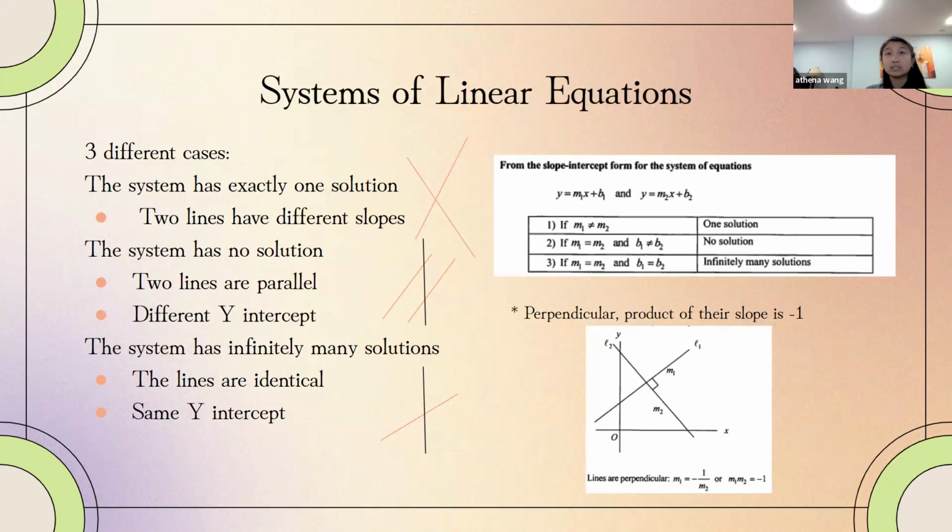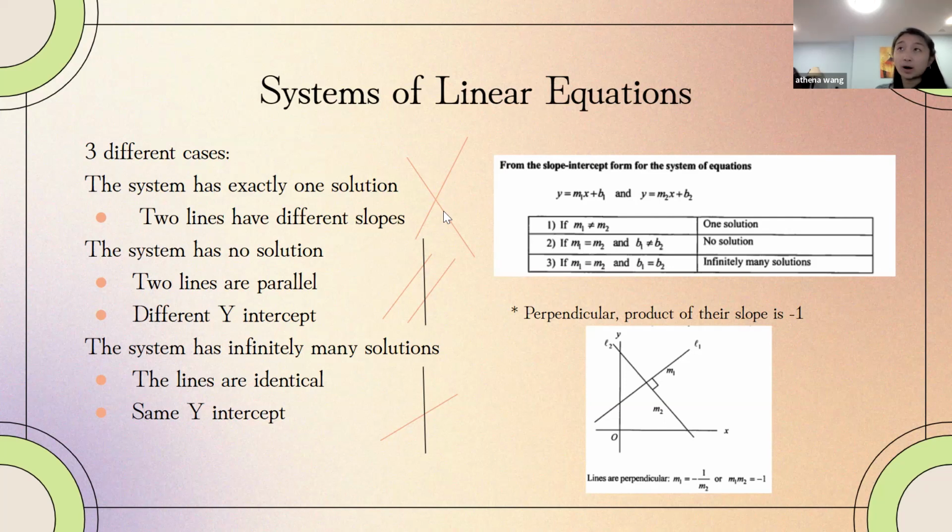For more than 1 linear equation, there's going to be 3 different cases. Okay, so the first one is when the system has exactly one solution. So this is when the two slopes are different. They intersect at one point and exactly one point.